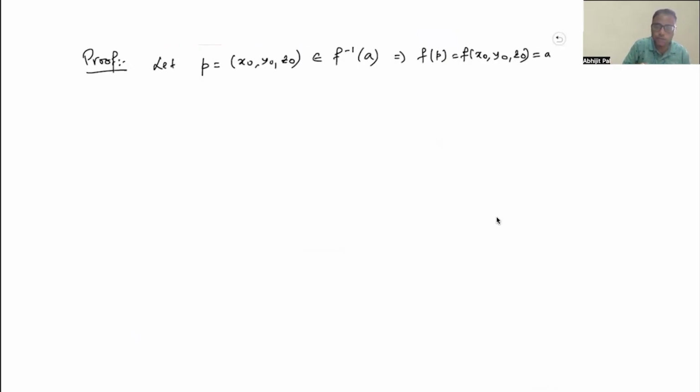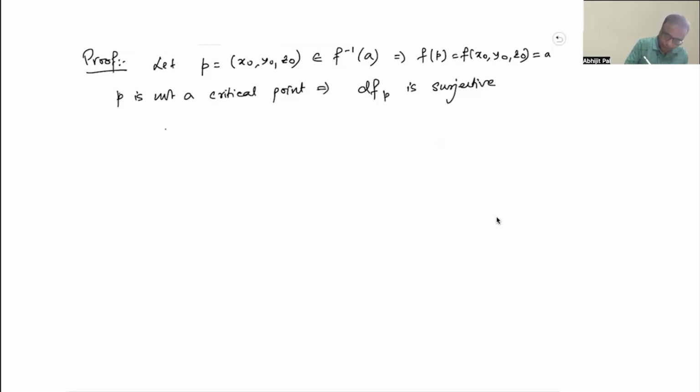And so this point P is not a critical point. So this implies that this differential map is surjective.